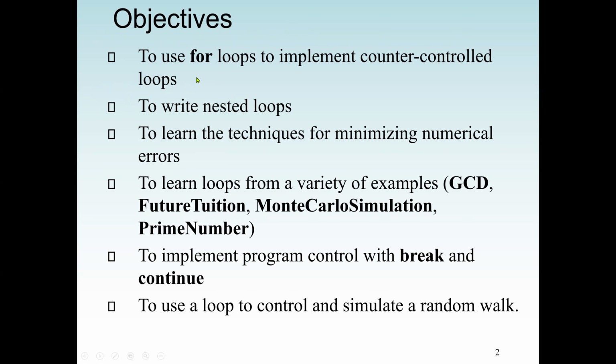But with a while loop, we can implement it as a counter-controlled loop, which means we know how many times the loop will execute. Or we can also implement it using a sentinel value, which means we don't know how many times the loop will execute. But when we enter the sentinel value, the loop will stop. So our condition will be while I is not equal to the sentinel value. Let's say the sentinel value is -1.